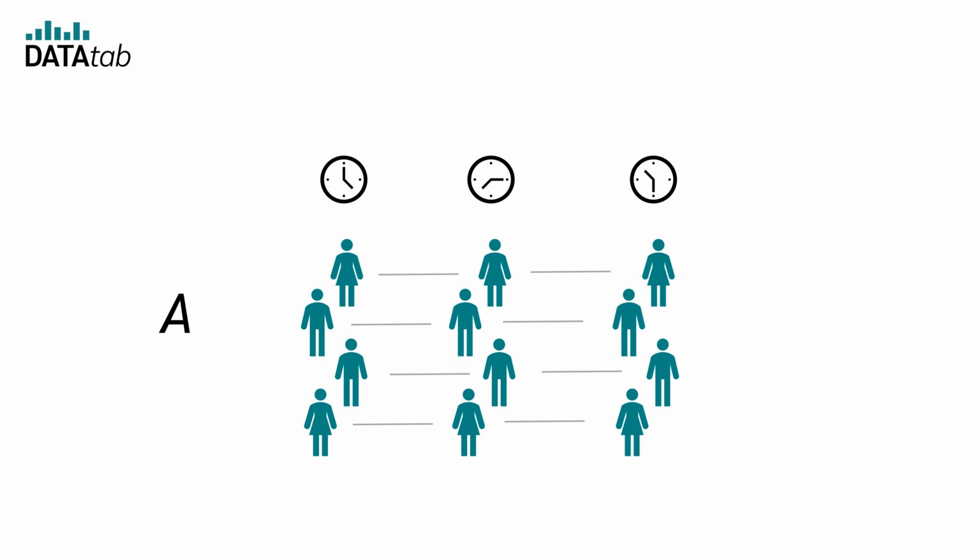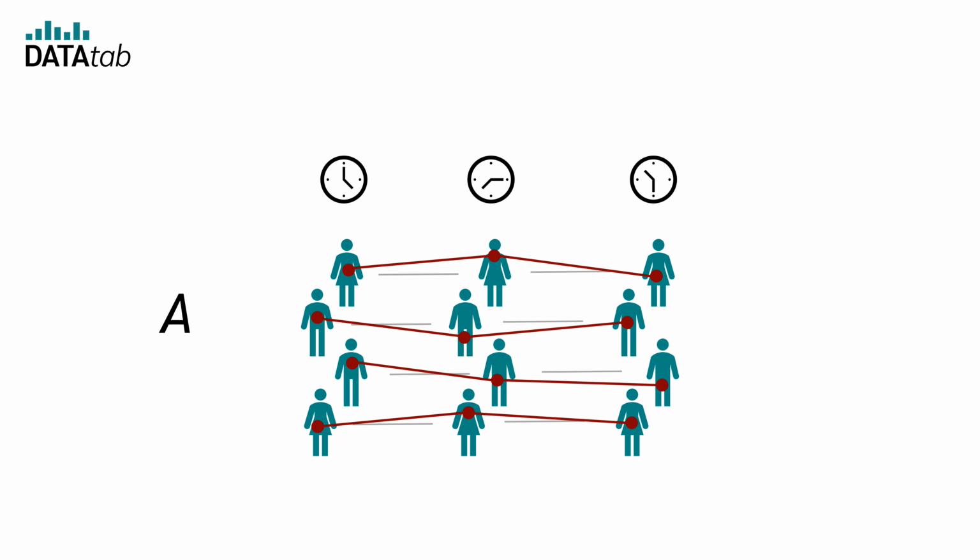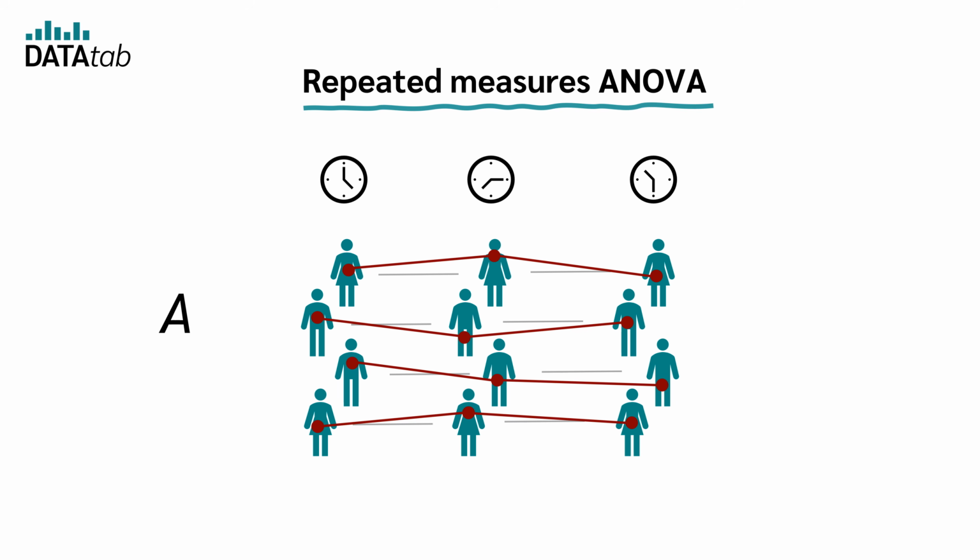In this case, we want to know if there is a difference in the mean value of the cholesterol levels between the different points in time. And this is exactly what a repeated measures ANOVA does. Therefore, in a repeated measures ANOVA, we have within subject factors.